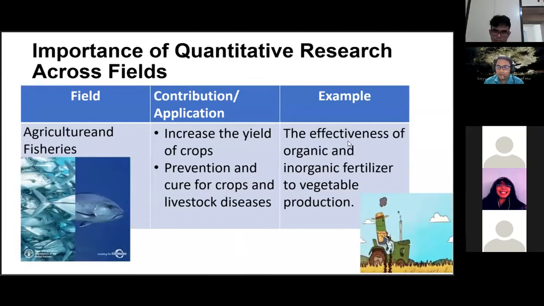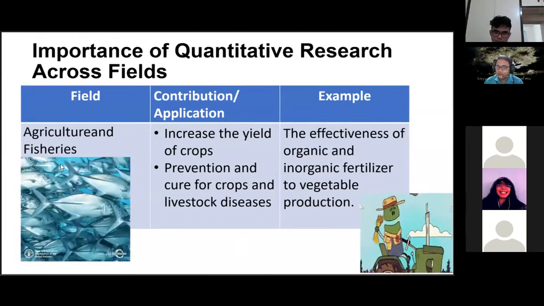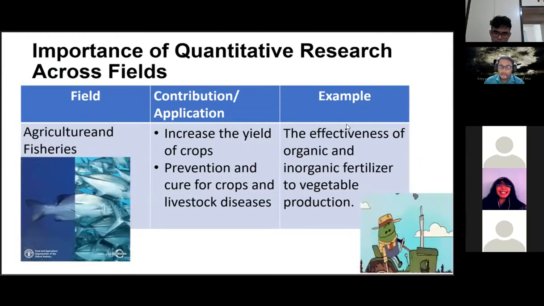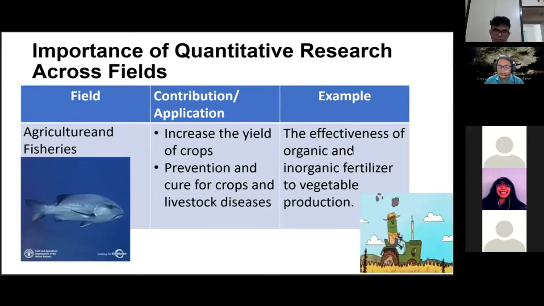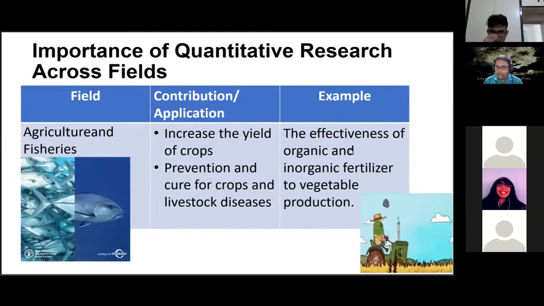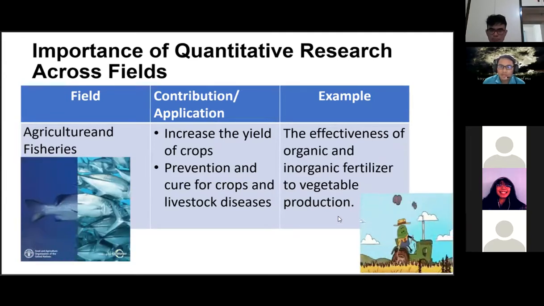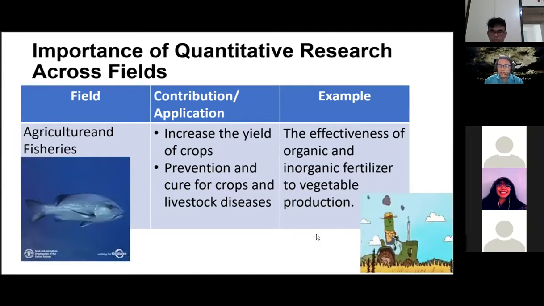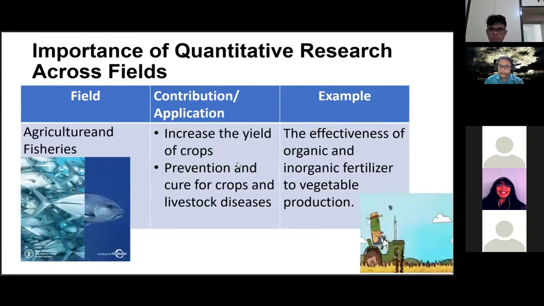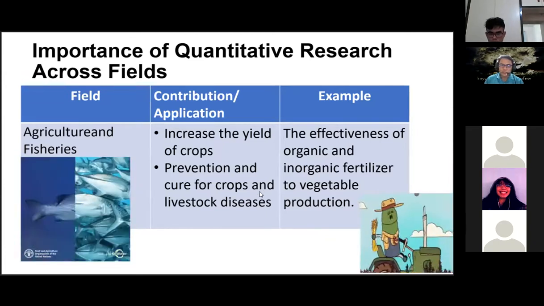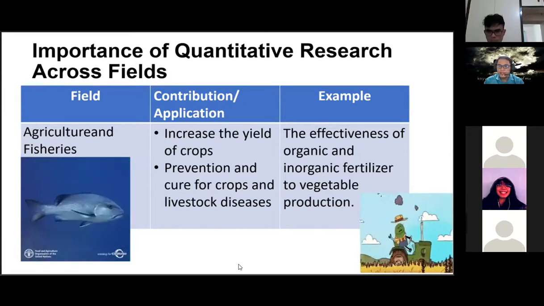So these are examples of research related to those certain fields. That's probably why the example given was the effectiveness of organic and inorganic fertilizer on vegetable production. So that is the contribution of research: it increases the yield of crops, and provides prevention and cure for crop and livestock diseases.